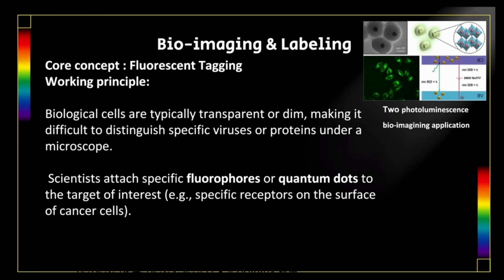To overcome this, scientists use fluorescent tagging. We attach phosphor to the target of interest, for example, a specific receptor on the surface of cancer cells. This tag acts as a light beacon, allowing us to see what was previously invisible.